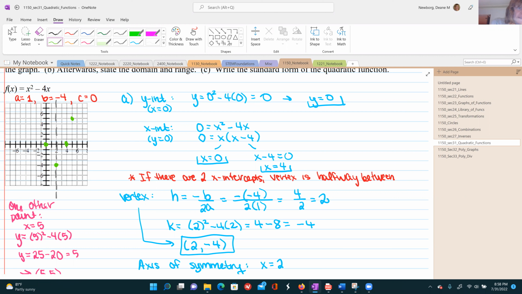So if this one went right 3 units from the axis of symmetry, then there should be its mirror image left 3 units from the axis of symmetry. I knew my parabola should open up because my a was positive.